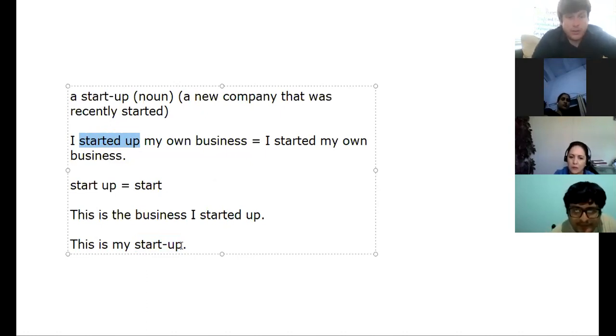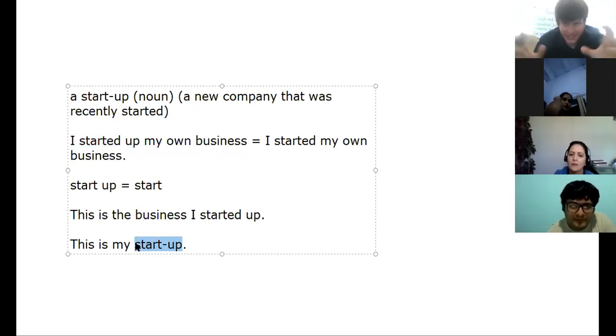But what's important to recognize is that this here is a noun. It's two words connected by a hyphen, but it functions as a noun. And to understand English at a little bit more advanced, profound level, try to look at and understand the evolution from phrasal verb to noun, right? So that's what startup means, and that's how it evolved from that phrasal verb.